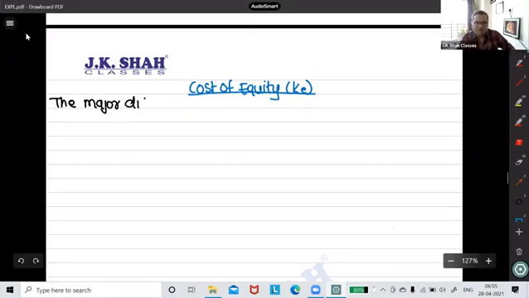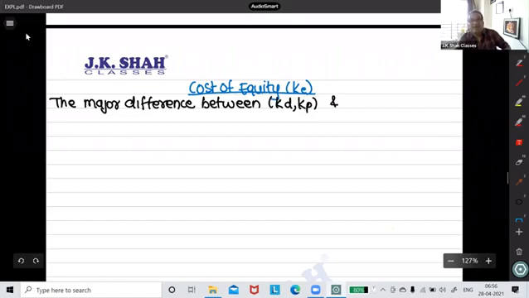The major difference between KD, KP, and KE. See, KD and KP.